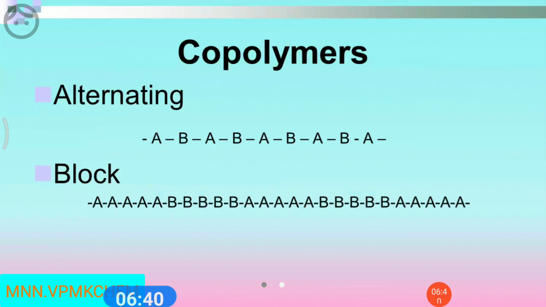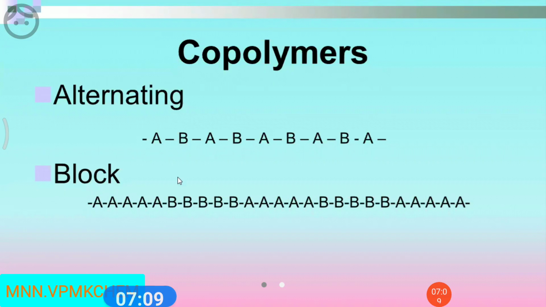First of that is alternating copolymer, in which the two monomeric units are situated alternately with respect to each other in the polymeric chain. In this example, we can say there are two monomeric units A and B, which are alternately arranged in the polymeric chain. Next is block copolymer.